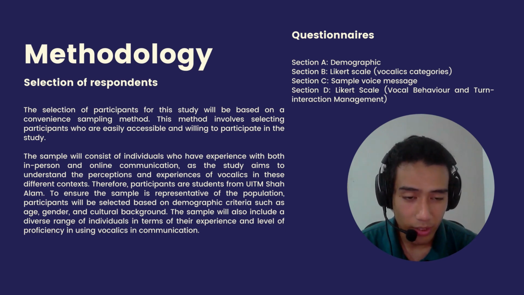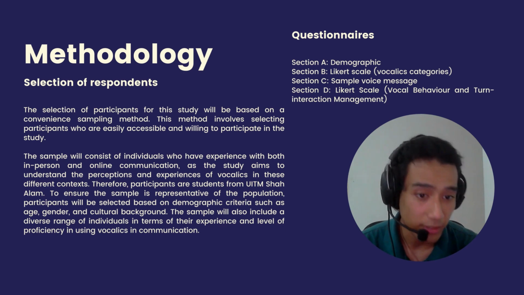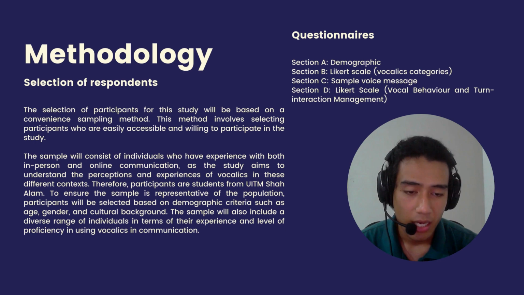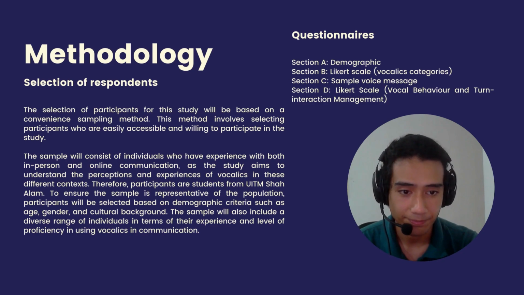For section C, we provided a sample voice message for the respondents so they could determine how the tone of voice matches the situation. And for the last section, section D, we provided a Likert scale of vocal behavior and turn interaction management.